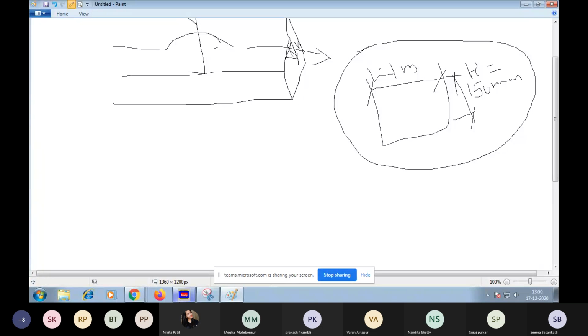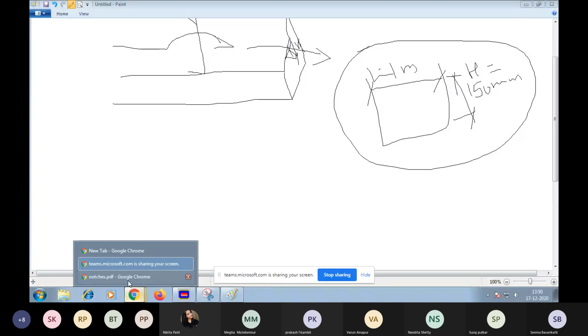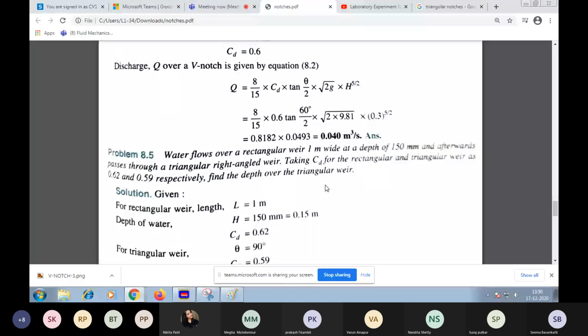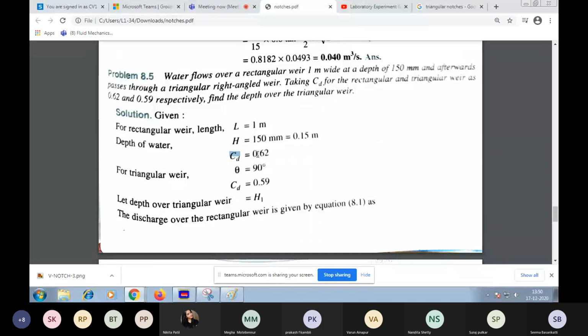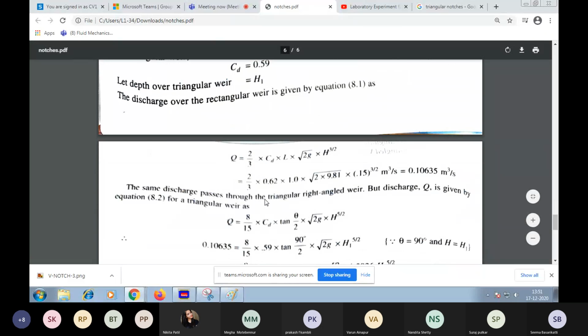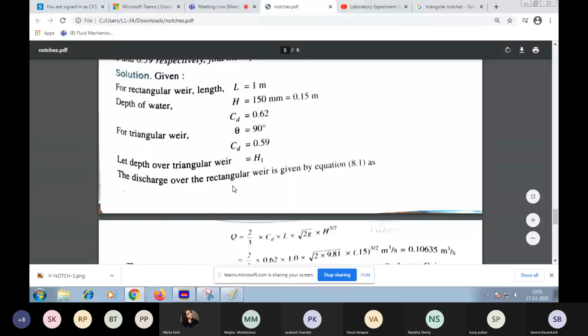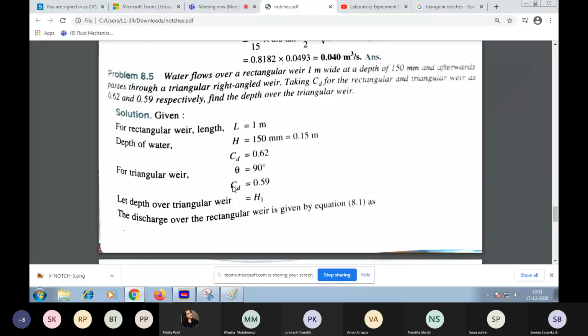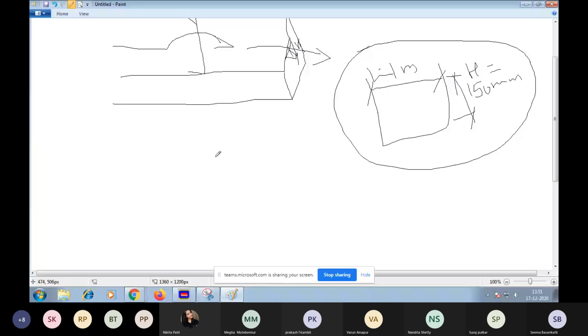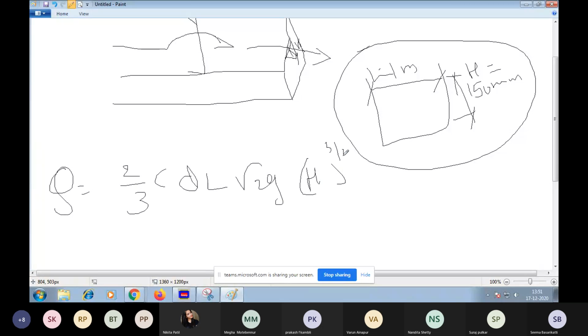So first calculate. Here CD for the rectangular weir is 0.62, and for the triangular weir it is 0.59. You need to identify the depth over the triangular weir, that is H1. First calculate the discharge for the rectangular weir. The equation is Q is equal to 2/3 of CD into L into square root of 2G into H raised to 3 by 2.